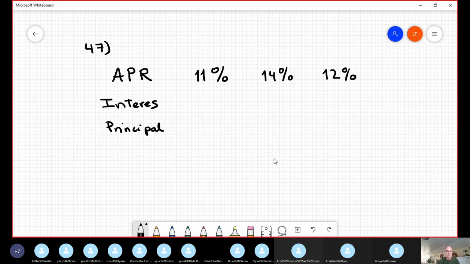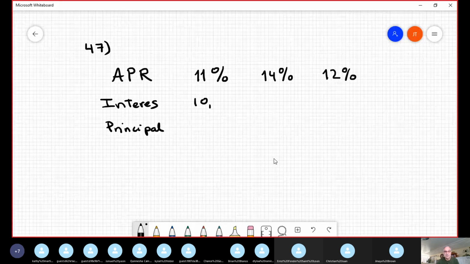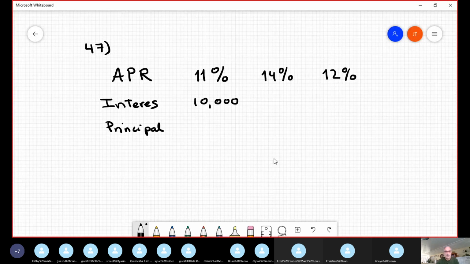So 10,000 is invested here in the account that pays 11. This money is given. But how much additional money, you don't know. If you don't know, you call it X. How much additional money must be invested in the account that pays 14.